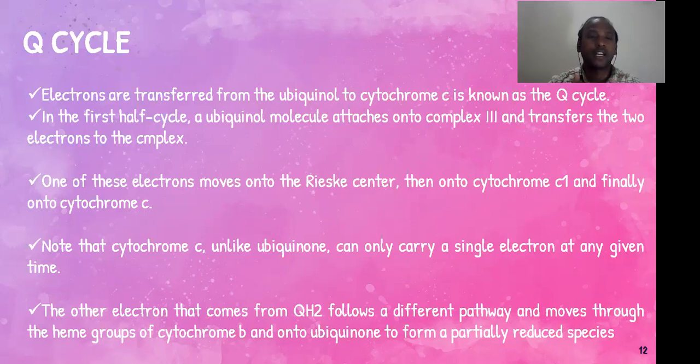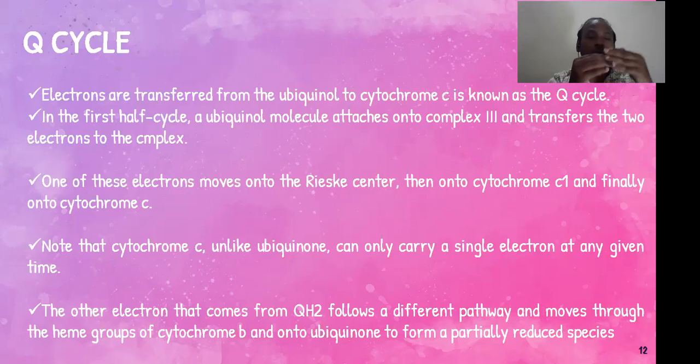In the first half cycle, the ubiquinol molecule attaches to complex 3 and transfers 2 electrons into the complex. One of these electrons moves on to the Rieske center, then on to cytochrome C1, and finally cytochrome C. Note that cytochrome C, unlike ubiquinone, can only carry a single electron at a given time.